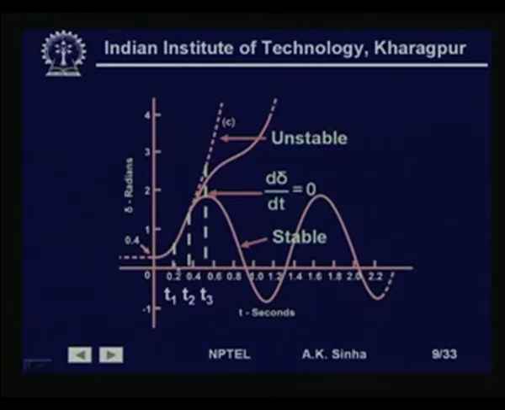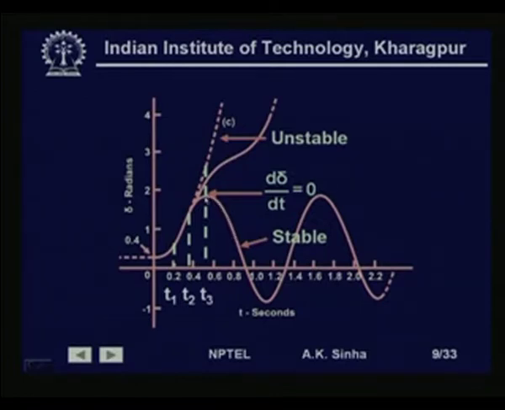This we can also, as we had seen earlier, see with the clearing time aspects. Now, here we can see something very peculiar which happens. If we see these three responses, this response is for a stable system, and these two responses are for unstable systems. Now, when we see the response for the stable system, we find that the delta angle keeps increasing, and after some time it starts falling down.